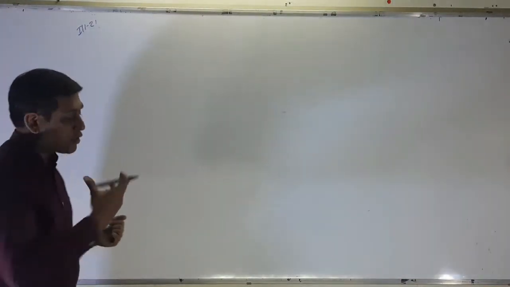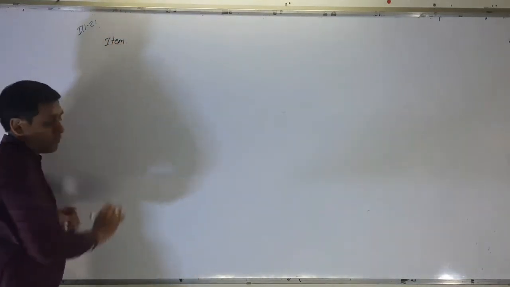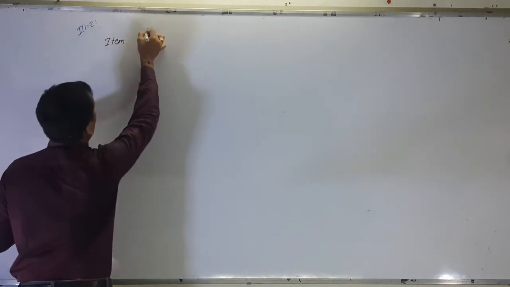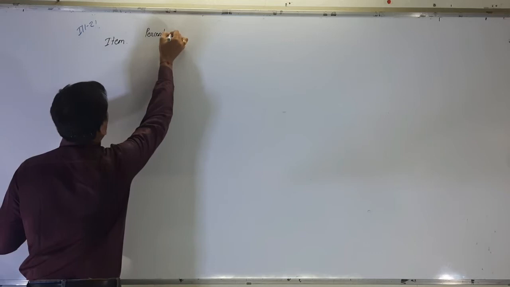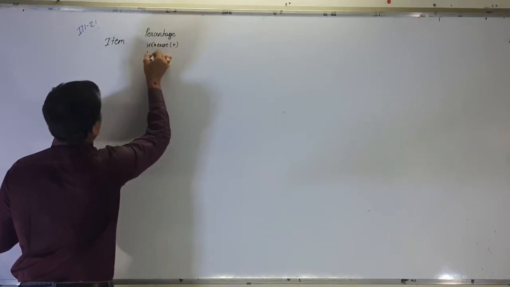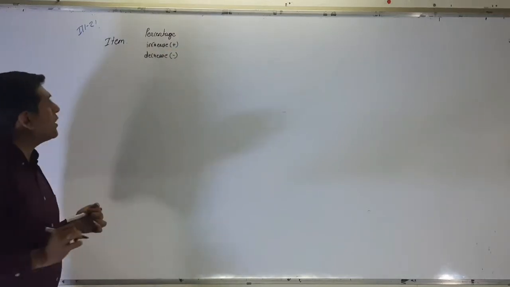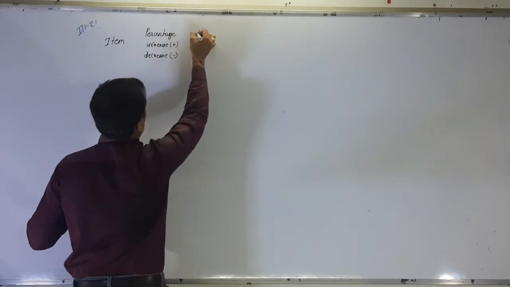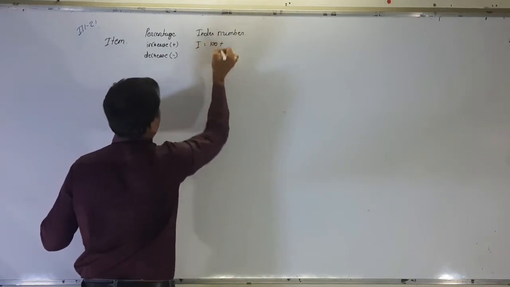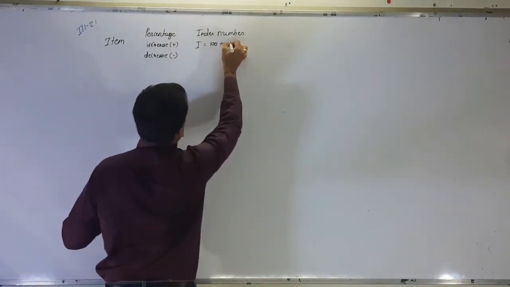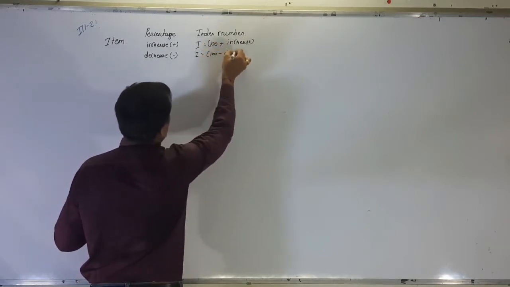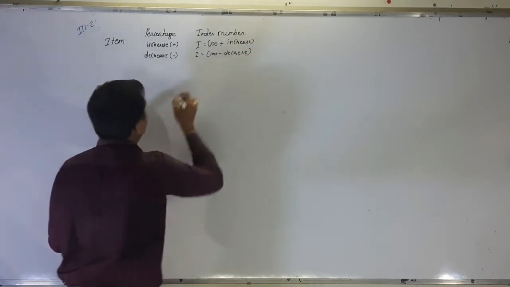First of all the item is given, then the column of percentage increase or decrease, then index number, I is equal to 100 plus percentage increase, or I is equal to 100 minus percentage decrease, right?